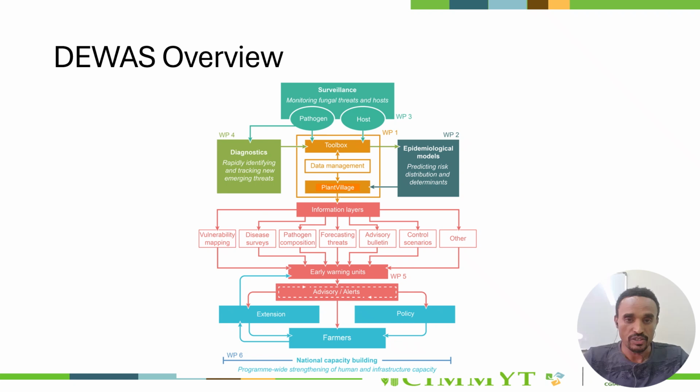As you can see on the chart here, we have the surveillance, the data from the surveillance, from the diagnostics, and from the epidemiological models. They are all used to create information layers like variety mapping, disease survey outputs, forecasting, and advisory.